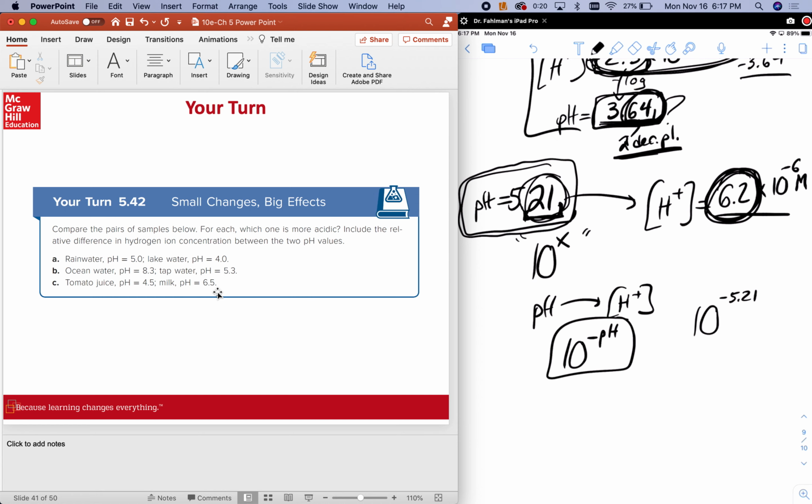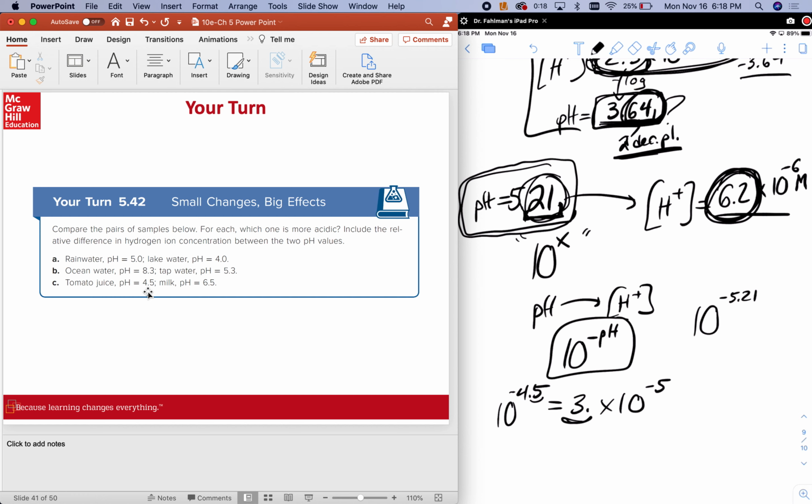Okay, and then to do hydrogen ion concentrations, if we do this last one here, a pH of 4.5, you would do 10 to the minus 4.5. And I guess here you only have 1 decimal place, so that's really just 3 times 10 to the minus 5. So 1 sig fig here.